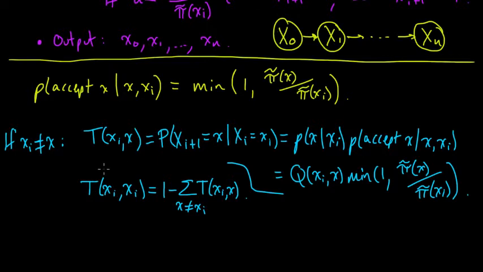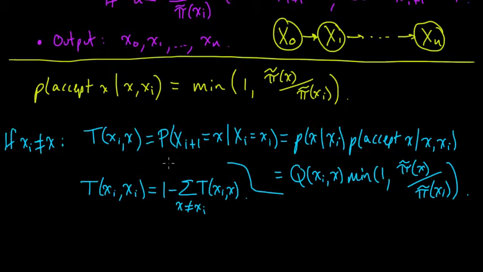We know T is a stochastic matrix, so it has to satisfy this property. If all but one are determined, that determines the last one. Okay, so that tells us the transition matrix. That's fantastic.